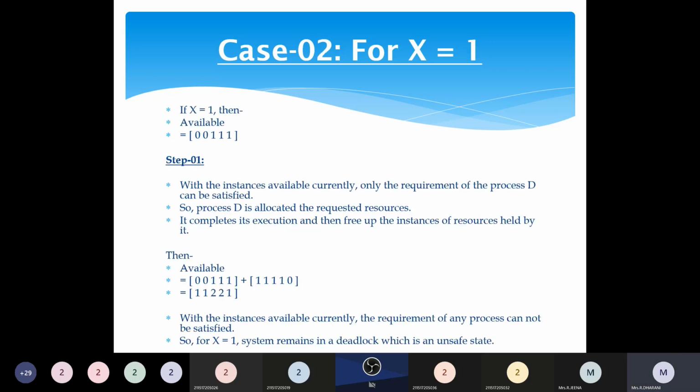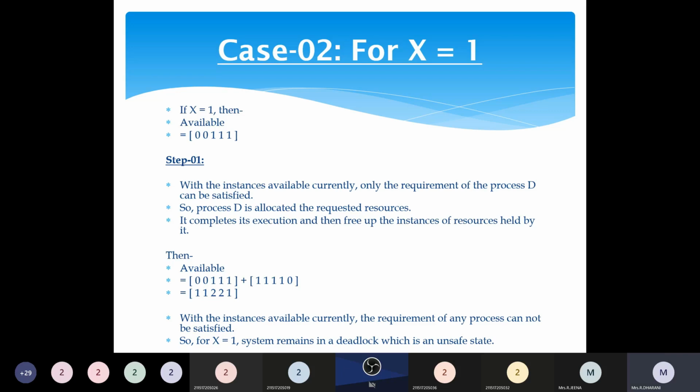Now we are taking case 2 for X equal to 1. If X is equal to 1, then the availability is equal to 0, 0, 1, 1, 1. Let us see the first step. With the instances available currently, only the requirement of process B can be satisfied. So process B is allocated the requested resources, completes execution, and then frees up the resources.